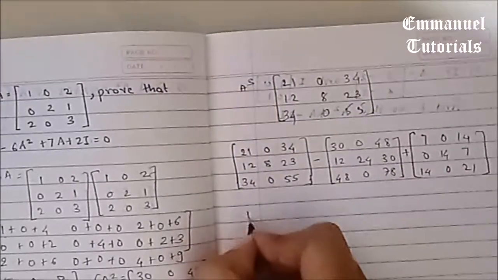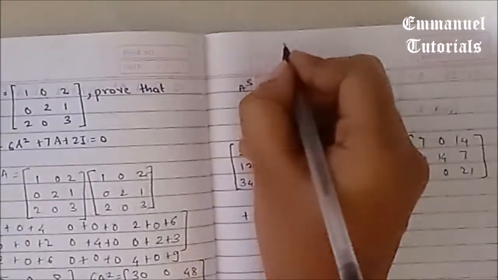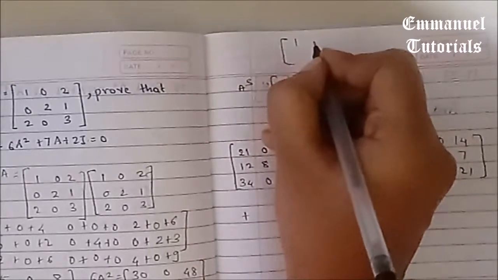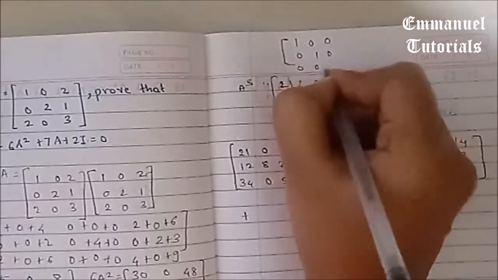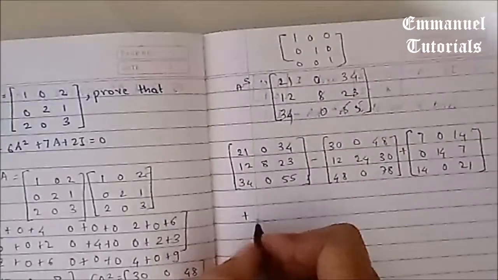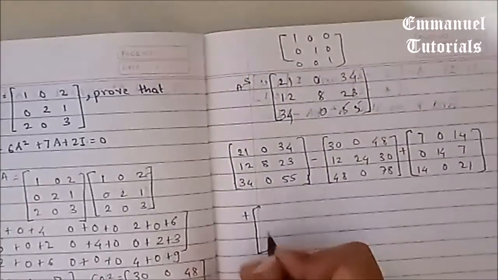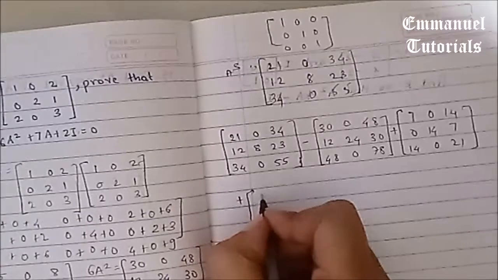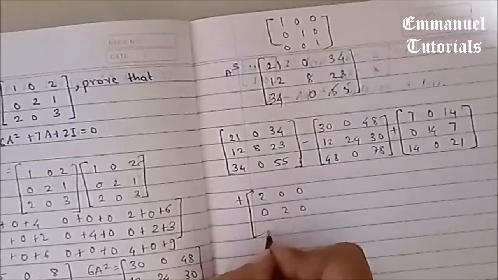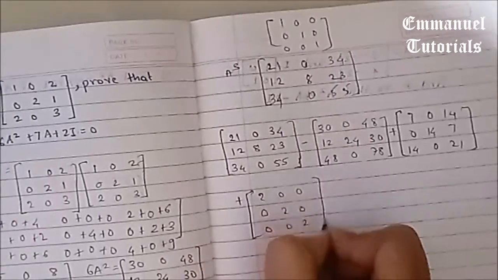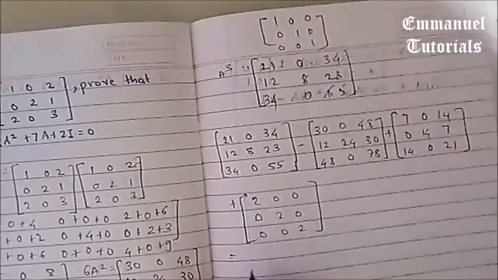Plus 2i. Plus 2i means 2 into the identity matrix. Again, this is 3 cross 3, so we'll be selecting this identity matrix. So it will be 2 into I, that is 2 0 0, 0 2 0, 0 0 2.